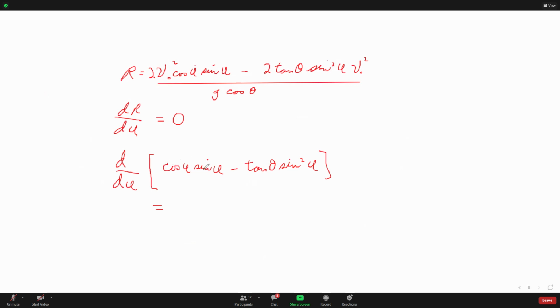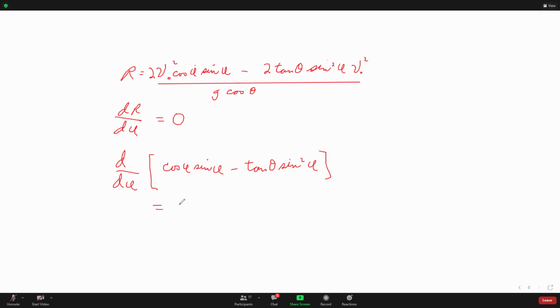You can use product rule for this and chain rule for that. Who wants to do it? I could do it. Okay. So you can just tell me what the terms are, or would you rather write? I'll just tell you. Okay.